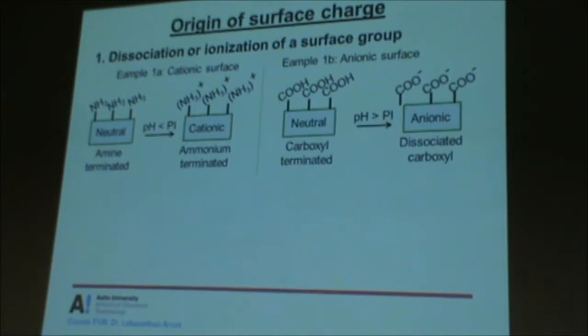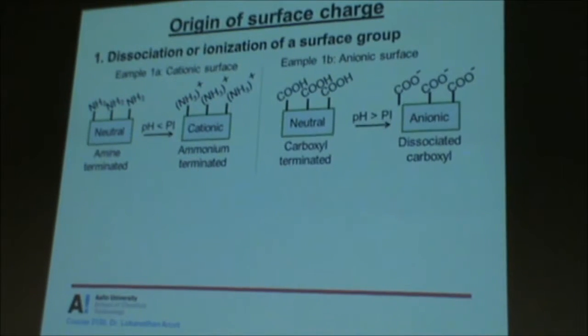How many of you know the term isoelectric pH? Raise your hands. Isoelectric point. No. Okay. Isoelectric point is the pH at which either molecules get ionized or it's the other way around.